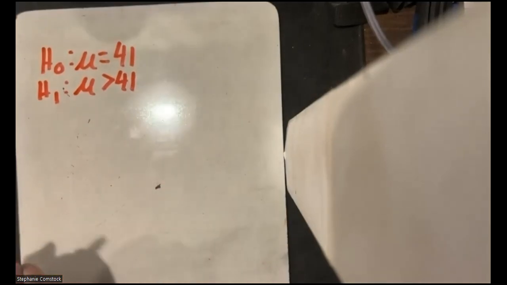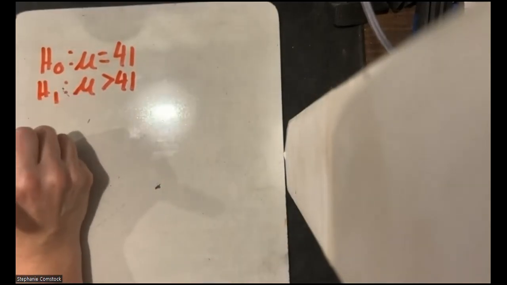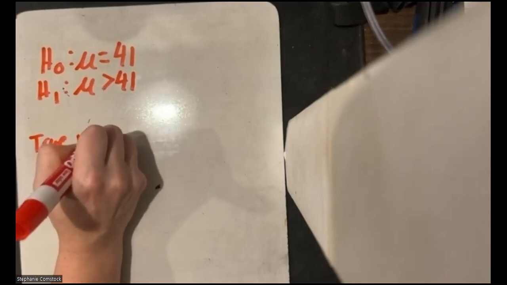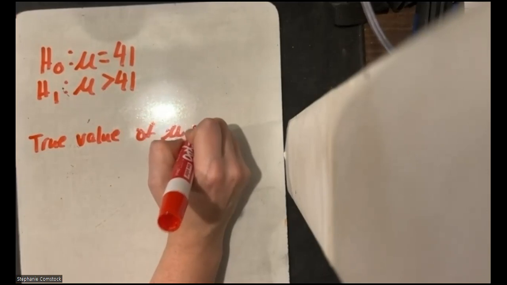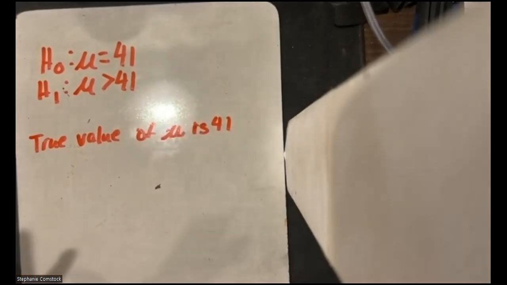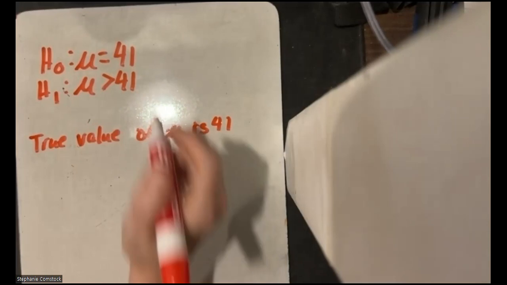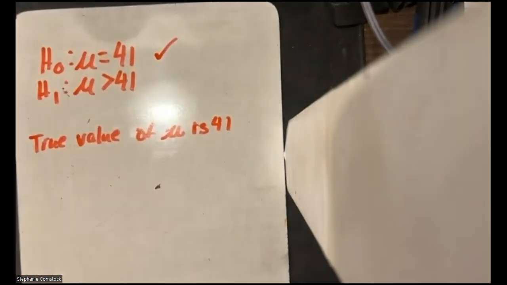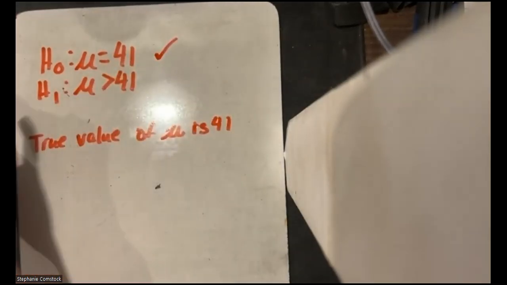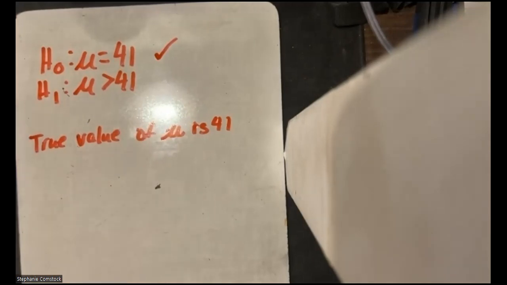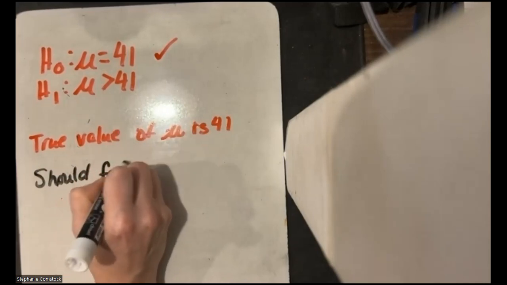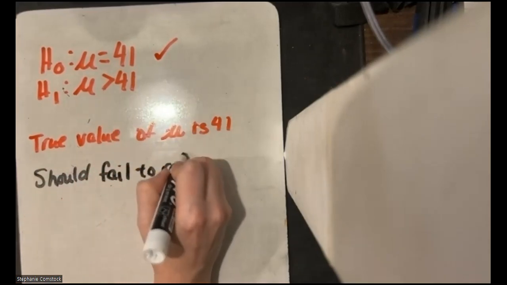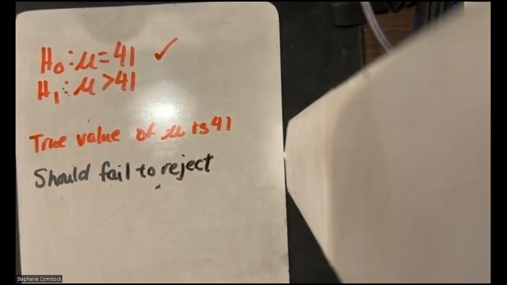This is the hypothesis testing. The true value of mu is 41. If the real value is 41, this is what I should do: I should fail to reject. I should keep this as my answer.